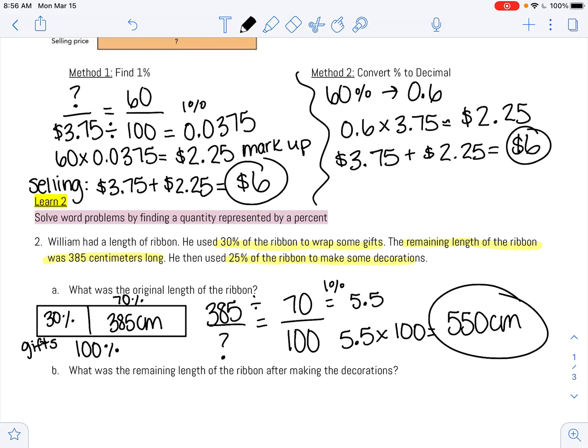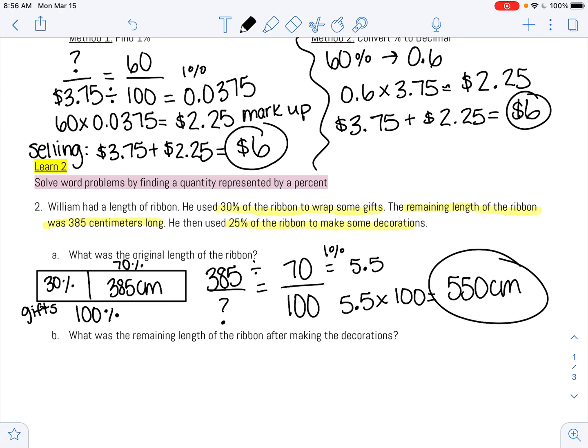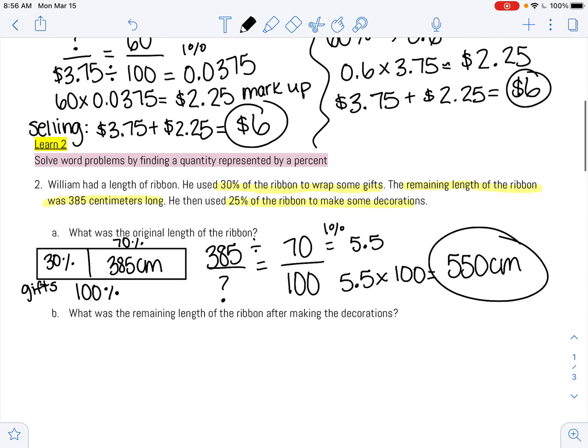In part B, what was the remaining length of the ribbon after making the decorations? We're moving on to this piece saying that he then used 25% of the ribbon to make decorations. So 25% of what's left over, which that length would be 385. So we need to find 25% of that now being our new total.